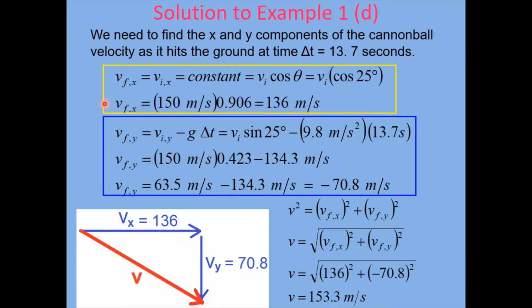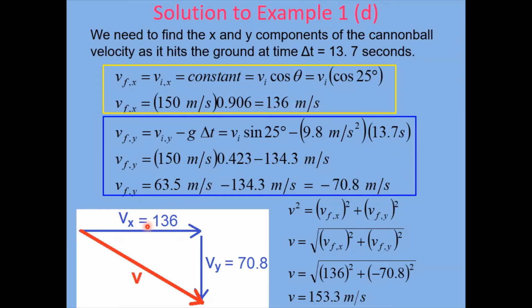This is actually pretty simple because remember the velocity in the x direction does not change. Gravity does not affect the x direction. So the final x velocity is just equal to the initial x velocity, and that's equal to vi times cosine of theta. Remember, vi is equal to 150, that's the launch velocity, and the cosine of 25 is 0.906. So our x velocity is 136 meters per second.